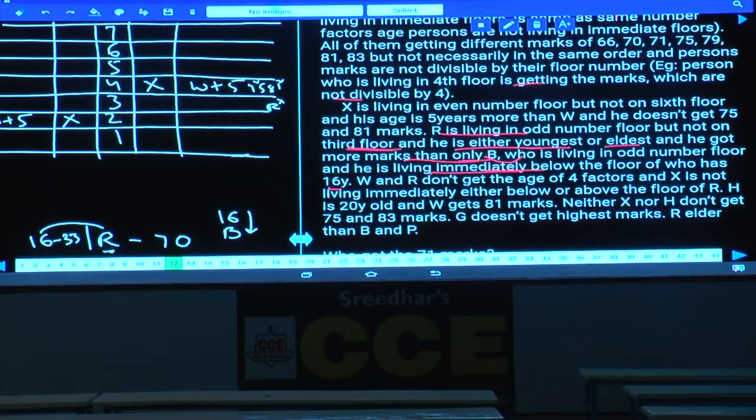R is on an odd number floor, B is on an odd number floor, hence these two persons must be in alternate places, but not adjacent to each other. As B is in an odd number floor, the 16-year-old person cannot be on an odd number floor, and so R cannot be 16 years old.